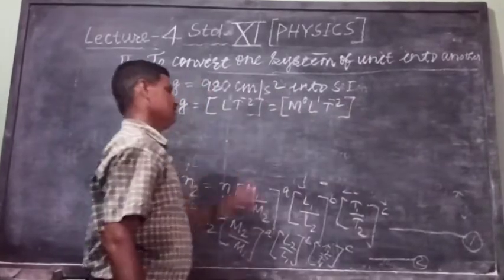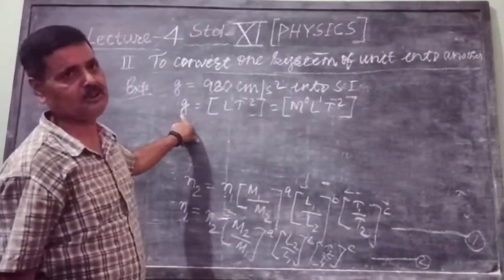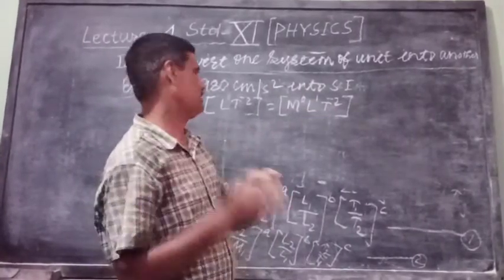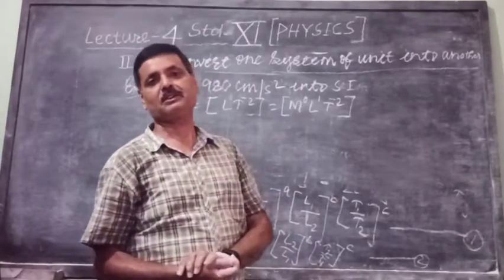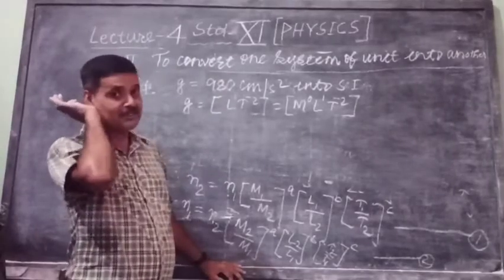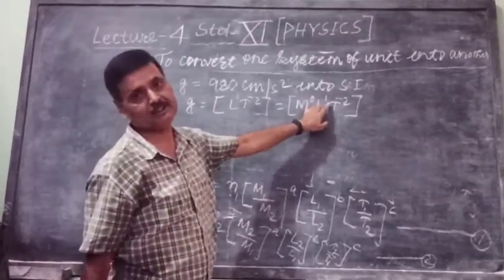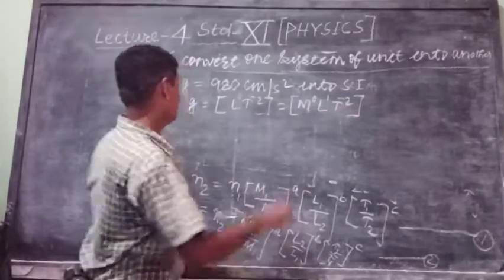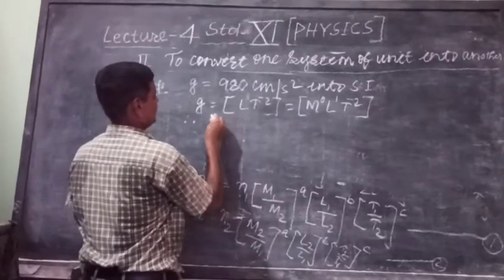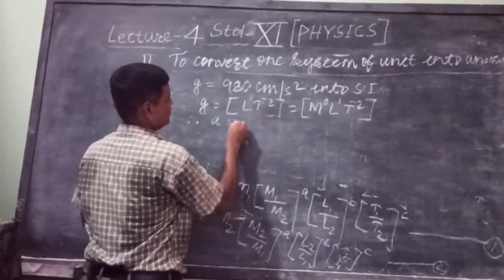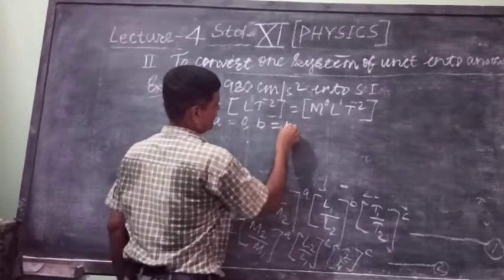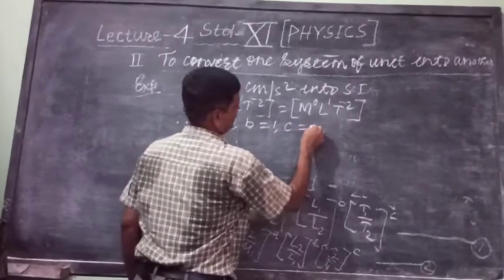This is the dimension of acceleration due to gravity. From this dimension, we can easily write the values of a, b and c. a was the power of mass, b was the power of length and c was the power of time. Therefore, a is equal to 0, b is equal to 1 and c is equal to minus 2.